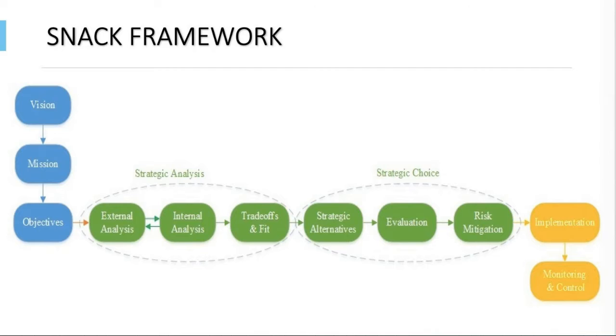The SNAKE framework we came up with was originally built on Porter's strategy framework, which includes external analysis, internal analysis, trade-offs and fit, strategic alternatives, evaluation, risk mitigation, implementation, and monitoring and control.